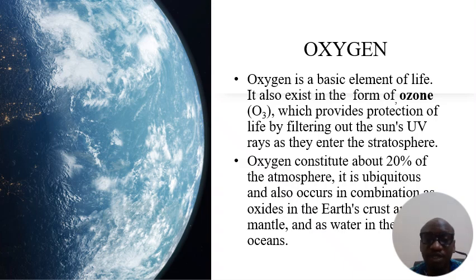Oxygen is crucial for respiration in animals and humans, and is inhaled and used to produce energy through cellular respiration in living organisms. Oxygen exists in the form of ozone, which has the formula O3, a special form of oxygen that is found in the stratosphere. It shields life on Earth by absorbing the harmful UV rays from the sun.